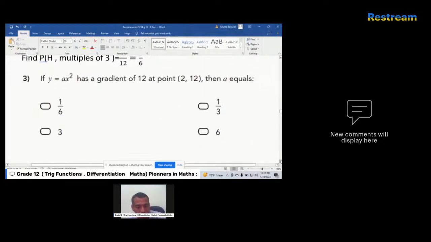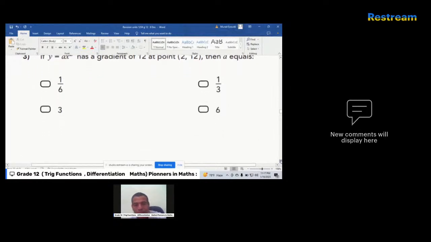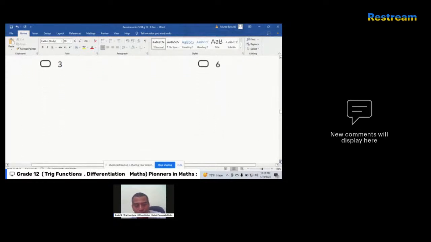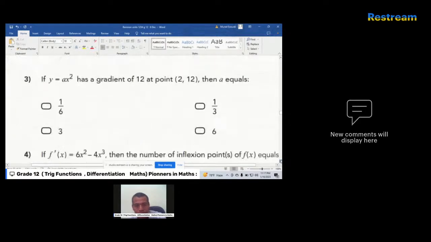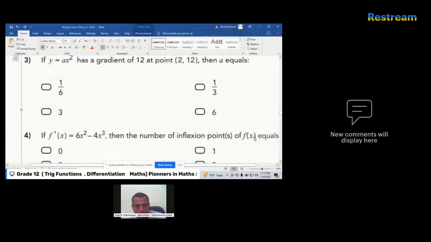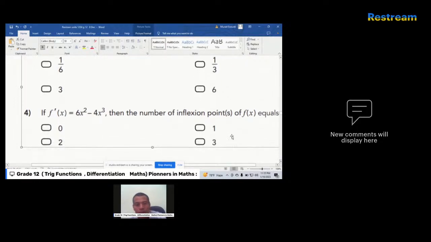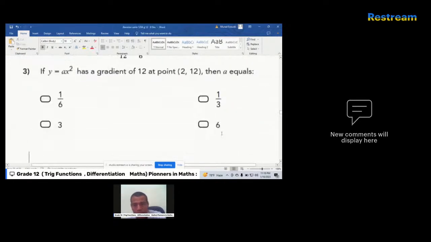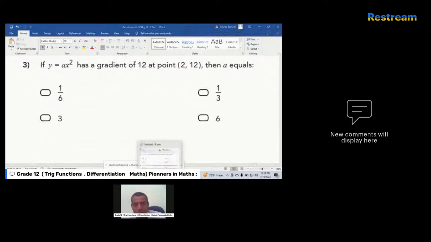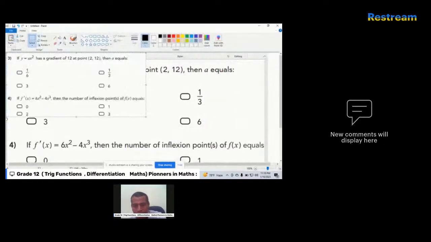Now I will try to do the second question. Just a moment, I will try to fix this. Now I will cut this. Here, I will prepare this for the common question.